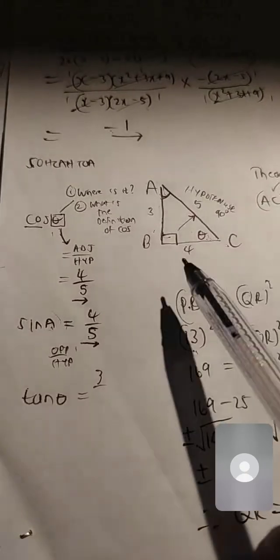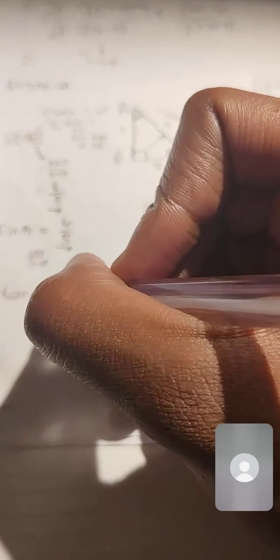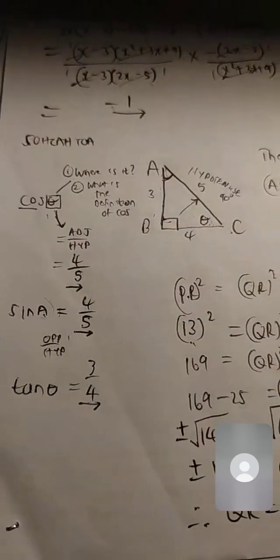AB, sir. Which is AB ngubani? 3. Exactly. And then what is your adjacent side? BC. To this angle? BC. BC ngubani? 4. Exactly.